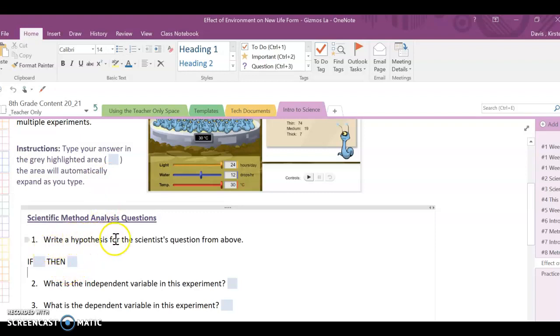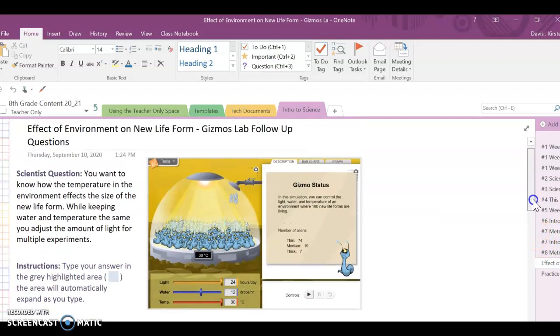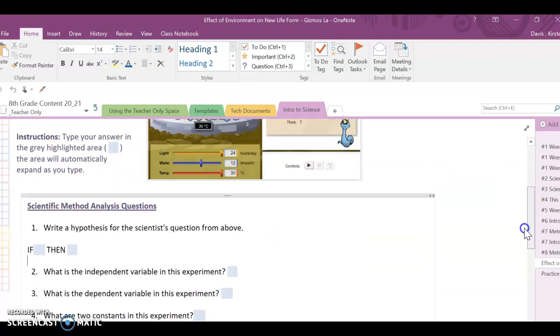So you would start by writing your hypothesis. Hypothesis is an if-then statement. Remember, it's going to be if independent variable, then dependent variable. The dependent variable is what you're measuring, and here we're measuring the size of the alien. The independent variable is what we are controlling.